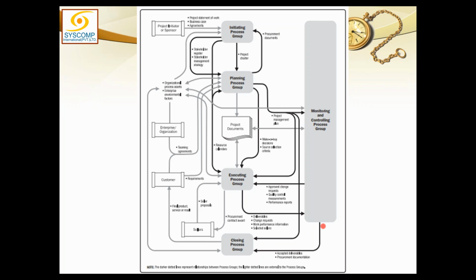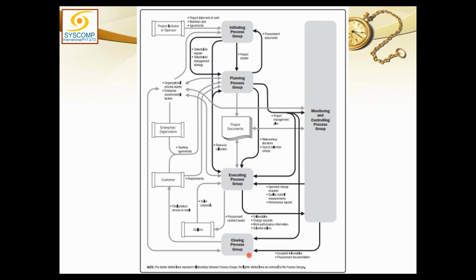And now, monitoring and control hands over the accepted deliverable, the procurement and documentation to the closing process group, so it can do the closing audit and check whether all the documents are present to show that all the deliverables have been delivered, all the work has been done, all the contracts have been closed, and there is nothing outstanding.